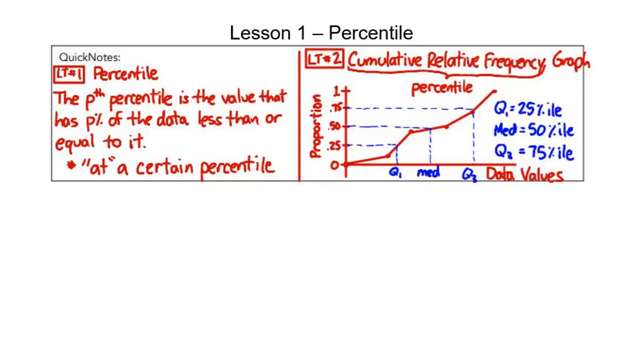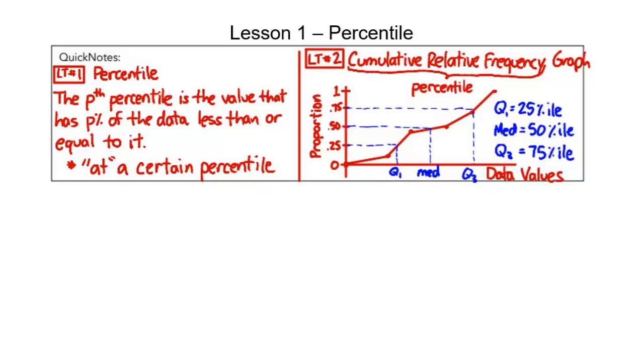We can read our 5-number summary off of a cumulative relative frequency graph. If I go to 50% on the y-axis, I can follow that over and then down to the x-axis to find the approximate location of the median. What would I be looking for Q1? What percentile? 25th percentile. Q3?